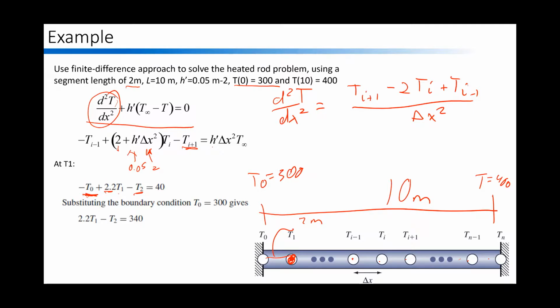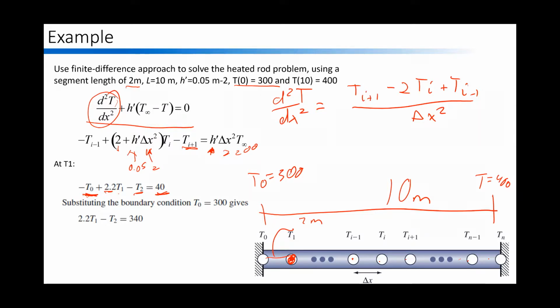Then I can plug in my constants again: 0.05 for h, 2 for delta x, and 200 for T infinity. When I do all that, I get equals 40.